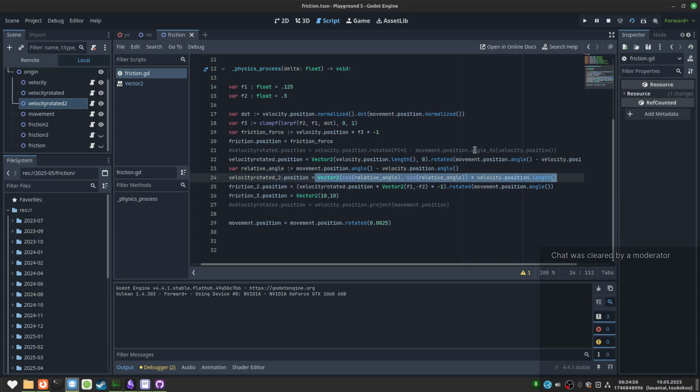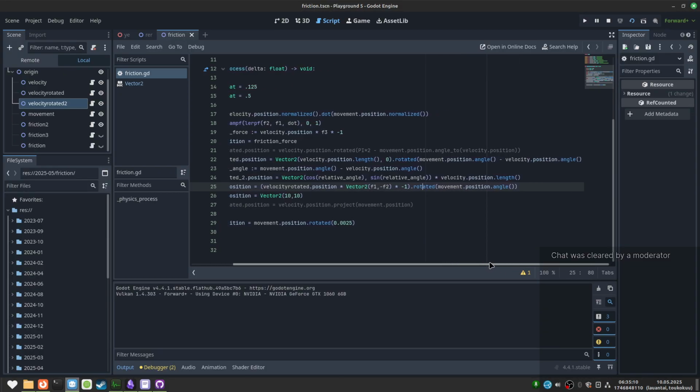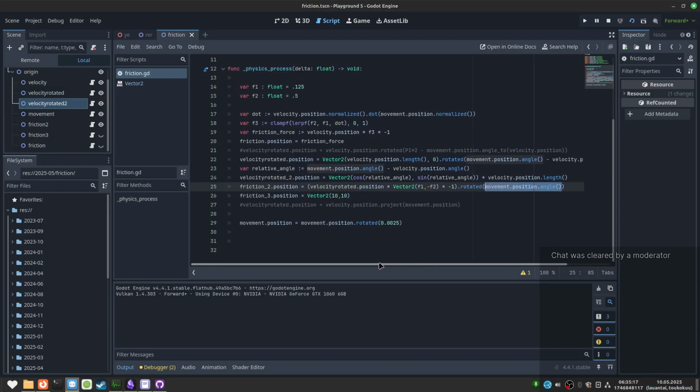And then we are taking that and multiplying it by some constants and rotating it back by the movement angle. So this here is the same as this. I don't know if there's some way to do this otherwise.